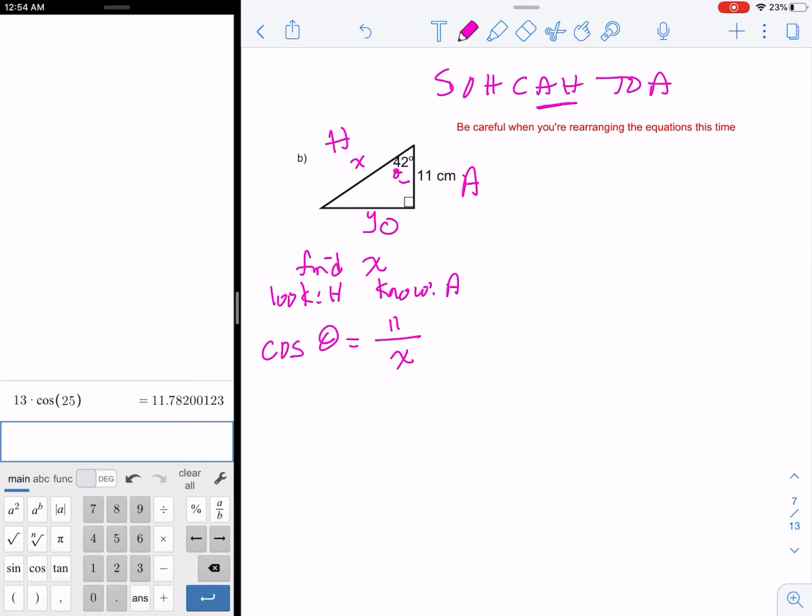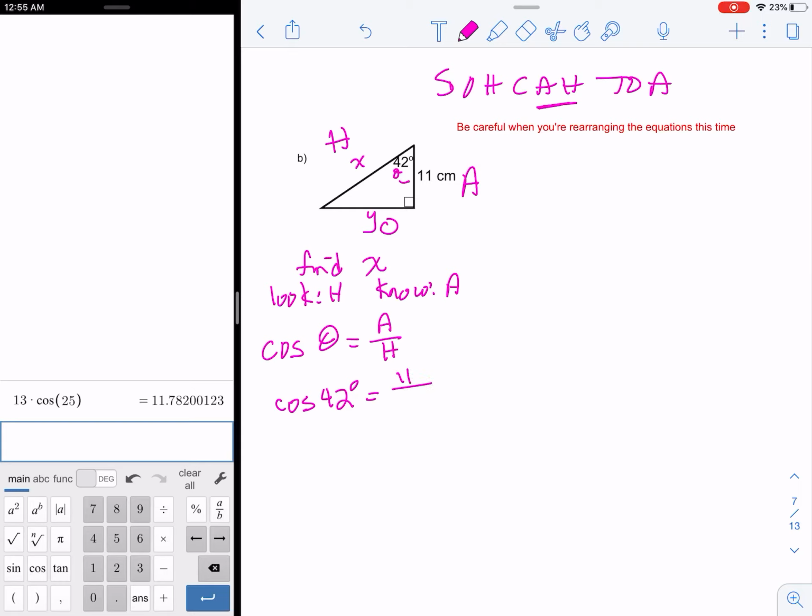Oops, that wasn't right. I was supposed to do this first. Good communication, folks. Cos of theta equals adjacent over hypotenuse. So now the cos of 42 degrees equals the adjacent, which is 11, divided by the hypotenuse, which we've called x.